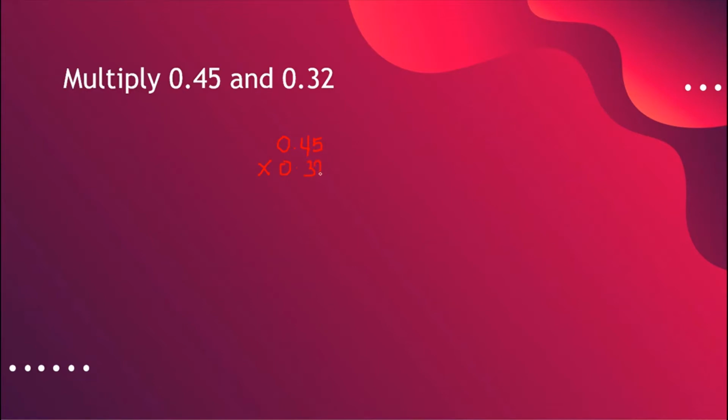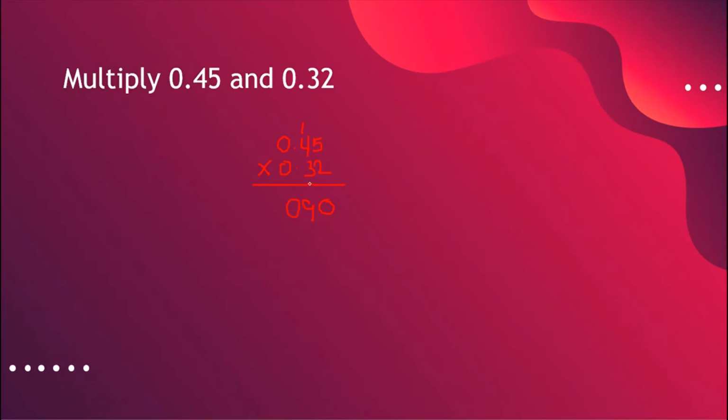Again, when we multiply decimals, just keep on multiplying just like how we multiply our whole numbers, and we're just going to add the decimal point after we already have our product. So 2 times 5, that is 10. Carry 1. 2 times 4 is equal to 8, plus 1 is equal to 9. 2 times 0, that is 0.